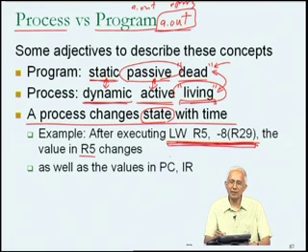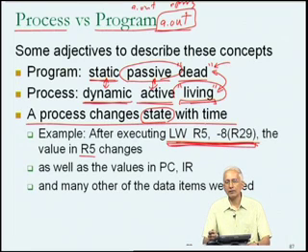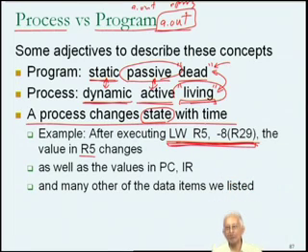Prior to that, the program counter had one value; after the execution of this instruction, the program counter value will be different, it would be incremented, and the contents of the instruction register too will be different. So, this single instruction causes a fair amount of change to the state or the data associated with the process, from the perspective of our data structure viewpoint of the process. So, not only the register R5, but the program counter, the instruction register, and possibly many other data items.